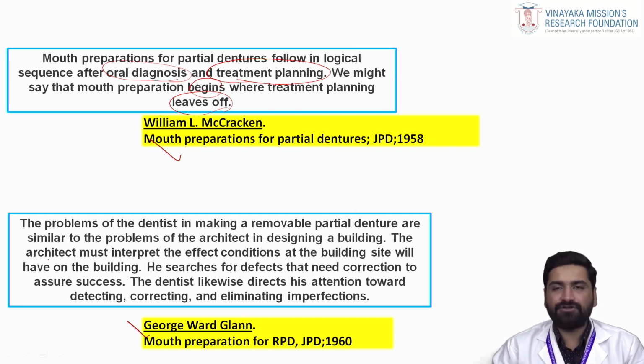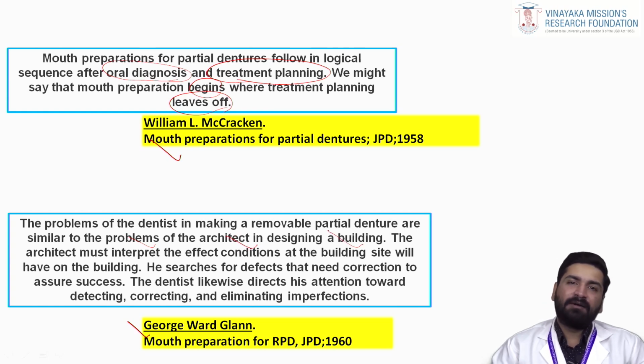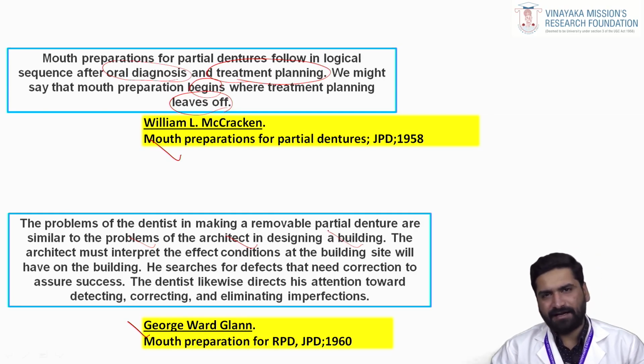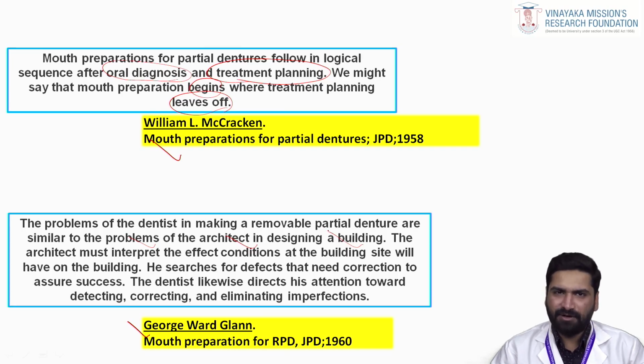Similarly, George Ward Glan has given that the problems of the dentist in making a removable partial denture are similar to the problems of an architect when he is designing a building. Our job is almost the same as an architect's. We make the foundations of the mouth, that is the teeth, through which the majority of the functions are carried out, just as the architect creates the foundations and makes a building.